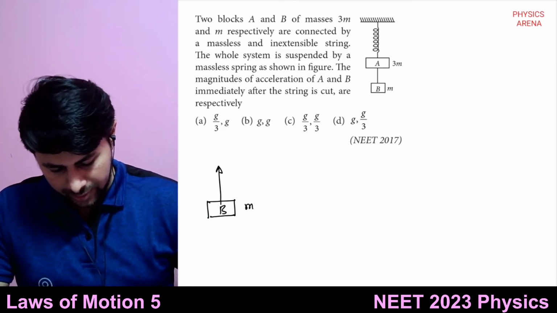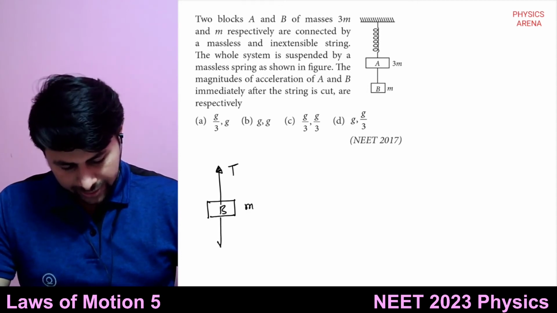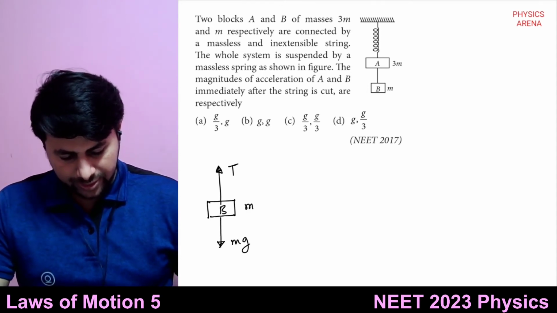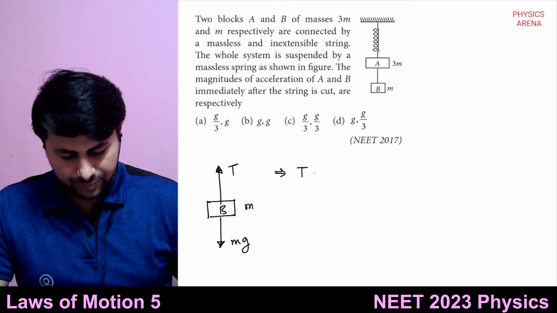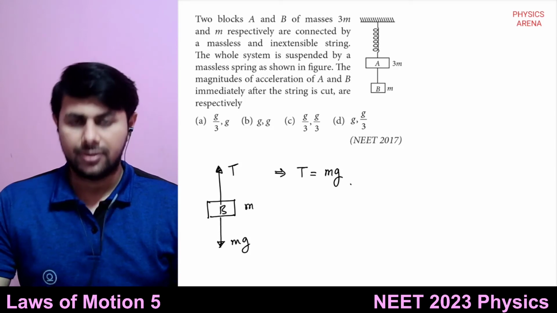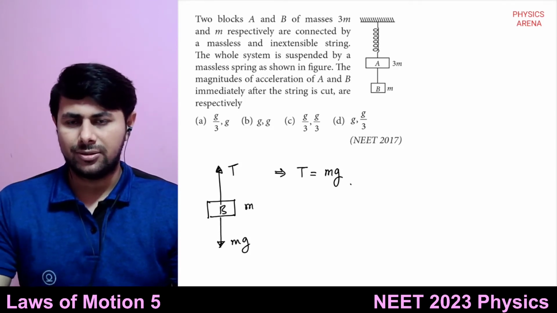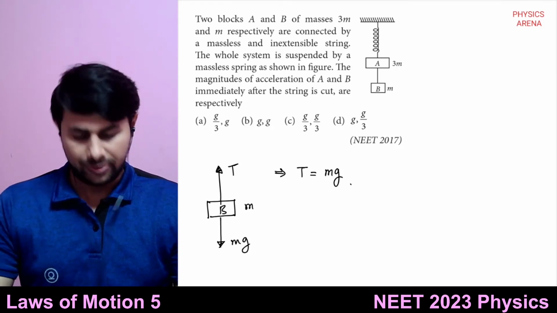On this mass B, tension acts upwards, its weight acts downwards. So how much would be the tension? T is equal to mg, because it is in equilibrium, it's not accelerating upwards or downwards. So T is equal to mg.